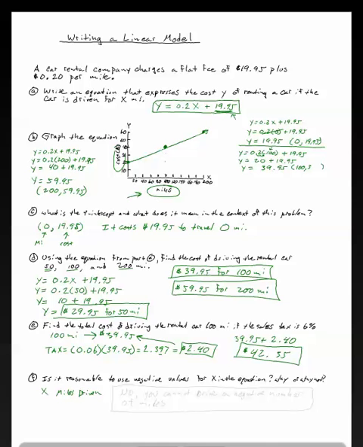You can not drive it at all, and that would be 0 miles, but you can't drive it negative miles. So we will say no, you cannot drive a negative number of miles. And that's it for this problem.